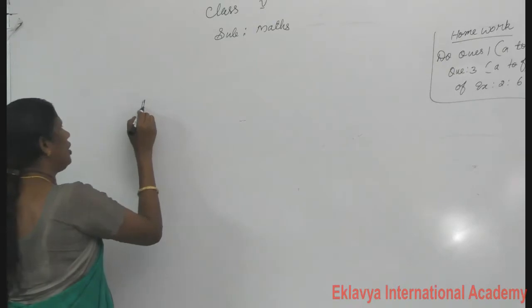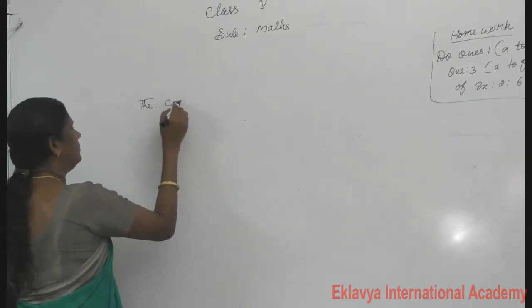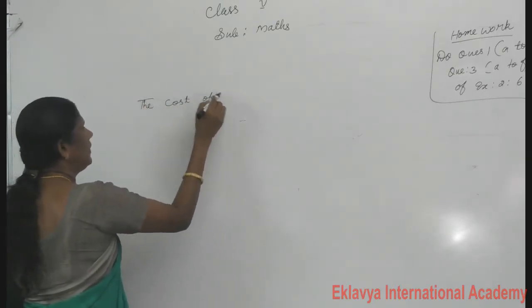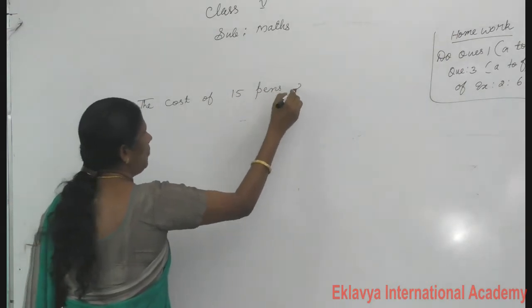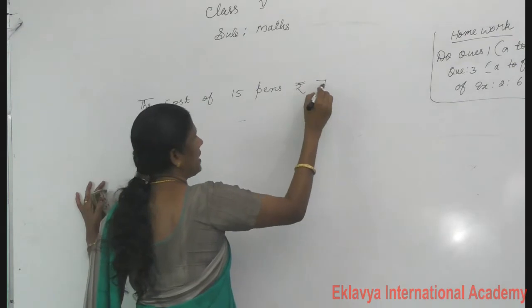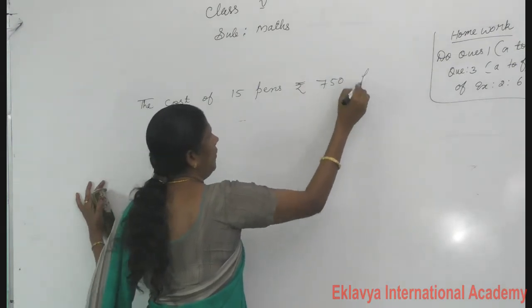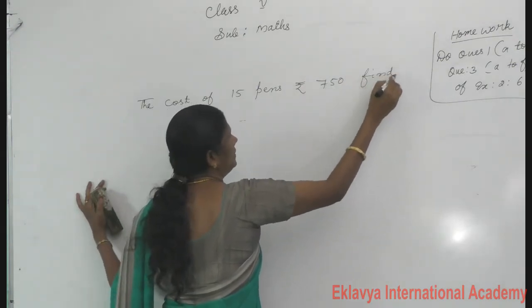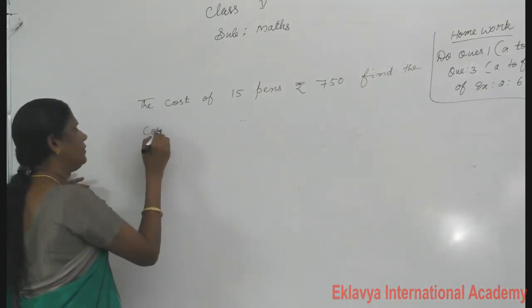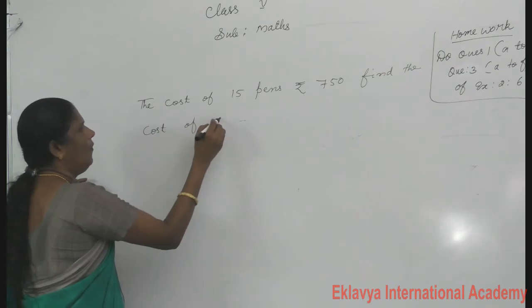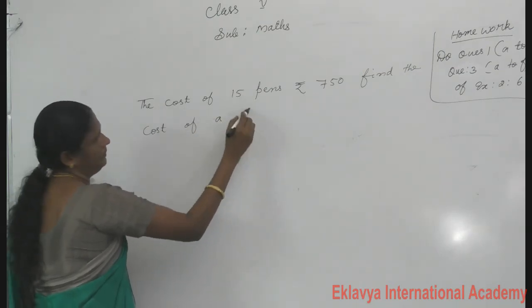The cost of 15 pens is rupees 750. Find the cost of a pen.